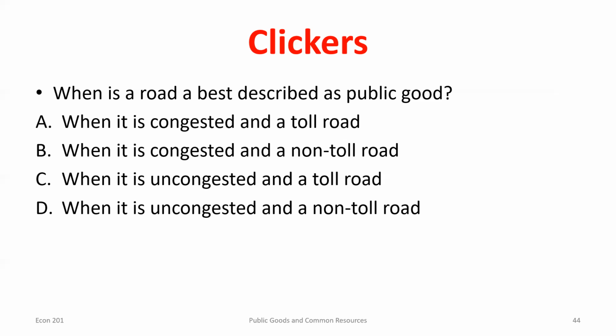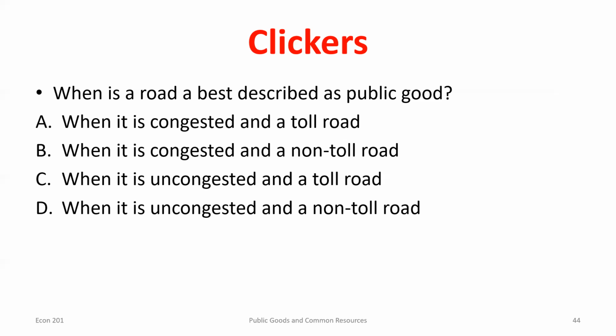So it's non-rival in the sense that if I'm using the road, it doesn't prevent other people from getting benefit from using the road as well. So if I think about being congested or uncongested, would a congested road be rival or non-rival? Rival, right? If I've got a congested highway, you almost think about it to the extreme, it could prevent people from getting on the interstate.